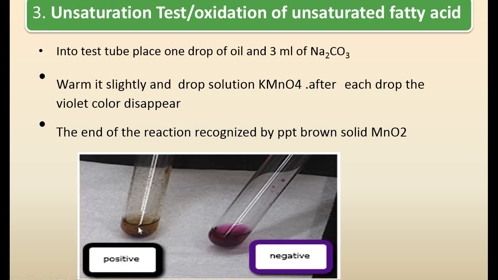But if oil is present in the test tube, then there is disappearance of this purple color into a brown precipitate of MnO2, and this brown precipitate will give a positive test for unsaturation test of fatty acid. Means the test tube will contain a fatty acid or a lipid which is unsaturated in nature.